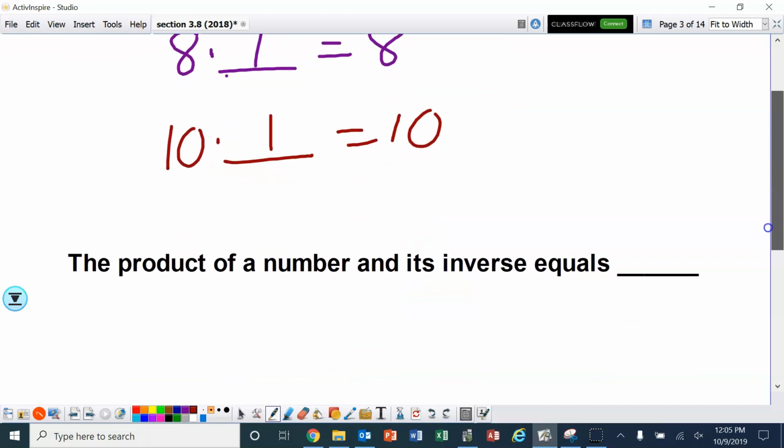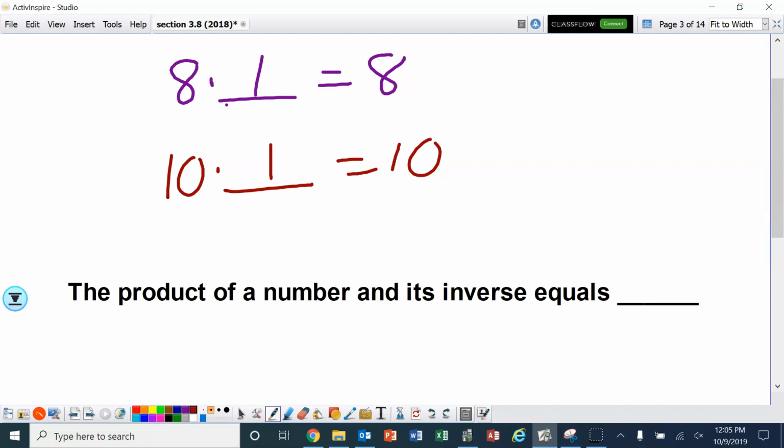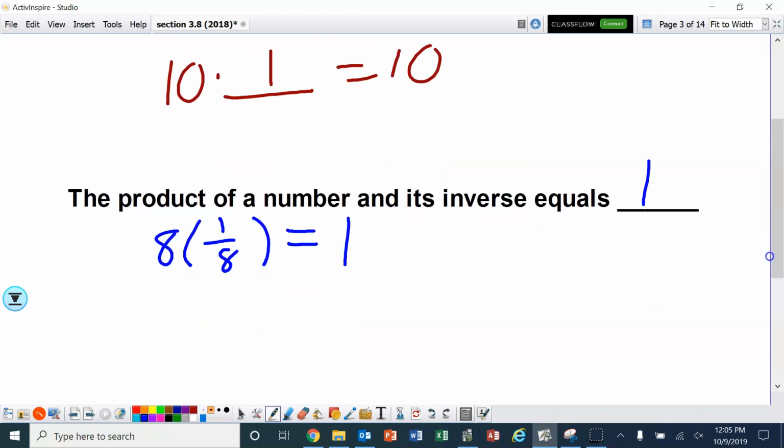Now, the product of a number and its inverse equals... Well, 8 times what is going to equal 1? Because that's what the product of a number and its inverse equals, is 1. Remember, it's the reciprocal, 1/8. 10 times what equals 1?